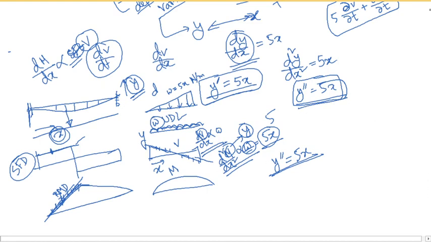So in this ODE, how to solve this? While solving this, you will find that we use either boundary values or initial values. So what are boundary values?